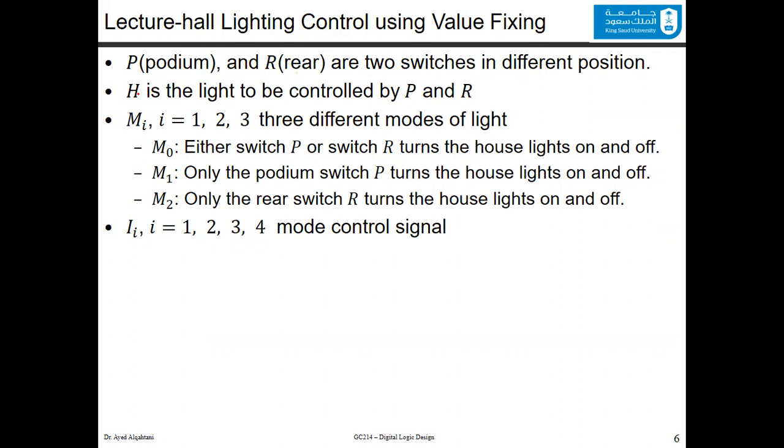And let's consider that H is the light to be controlled by P and R. We will also assume 3 different modes of lights, Mi, where i is equal to 0, 1, 2. If it is M0, this means that either switch P or R can turn the house light on and off. If it is M1, only the podium can do that. If it is M2, only the rear can do that.